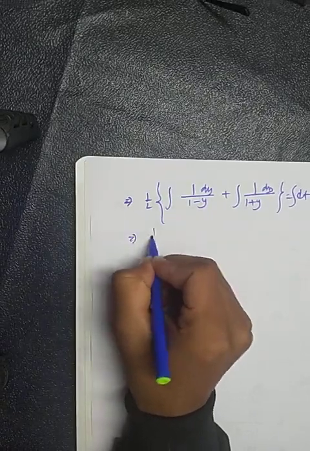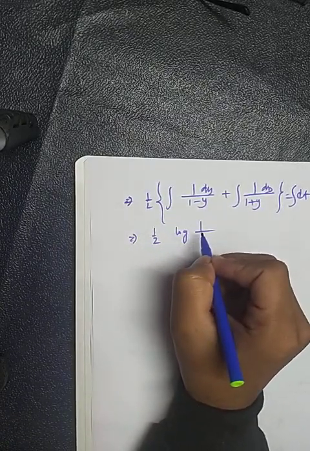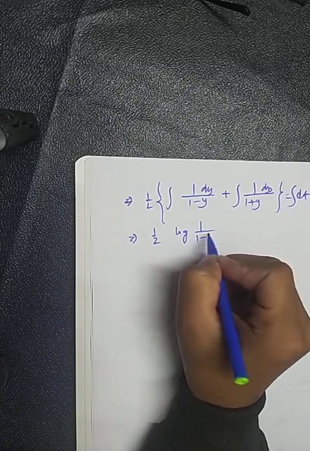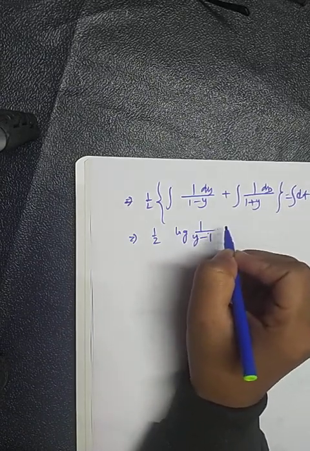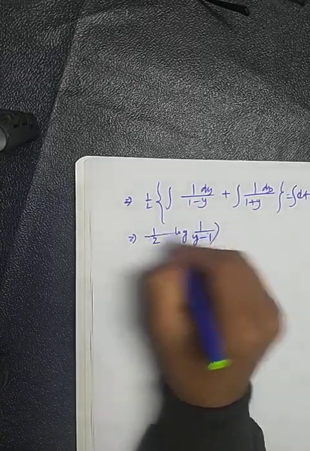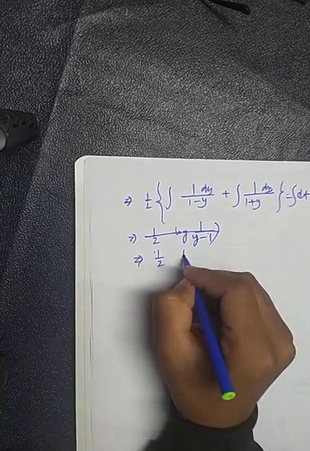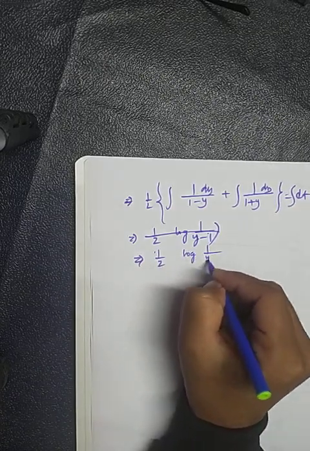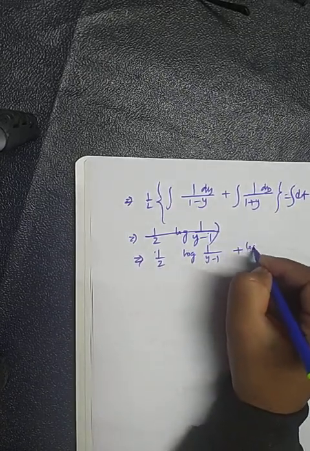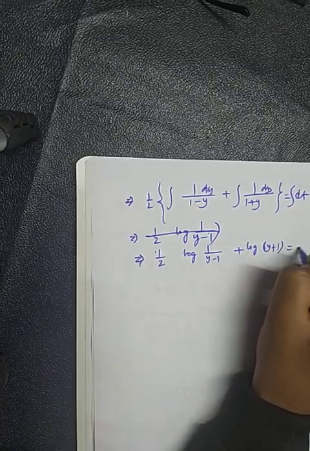This implies half of log of 1 by y minus 1 plus log of y plus 1 is equal to t plus c.